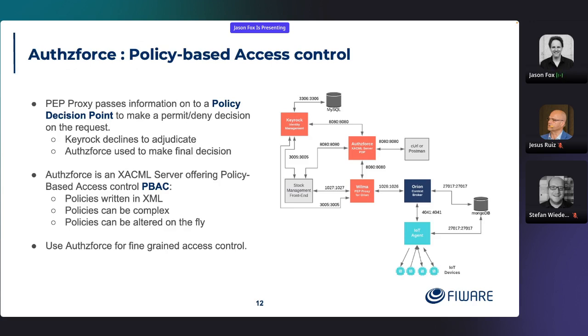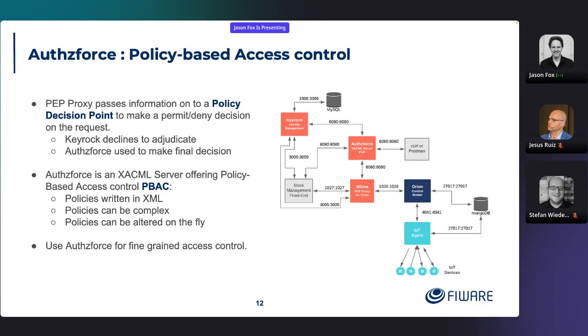What would happen with AuthzForce is that you'd need to have multiple elements in the system. Now, in this case, I'm the stock management front end. I want to access, I'm a user, I've got a token or what have you. I go to Wilma.